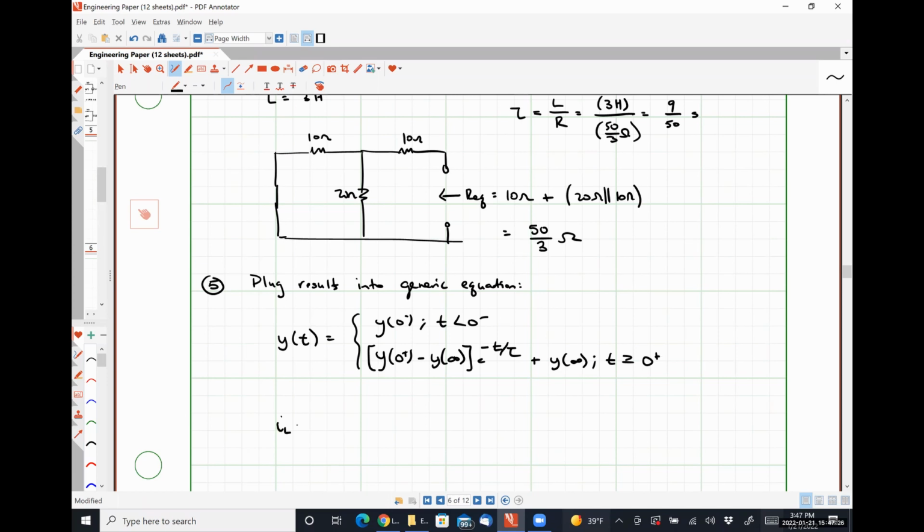So IL of t will be 1.14 amps for t less than 0 minus. And we're going to have 1.14 minus 0.8.